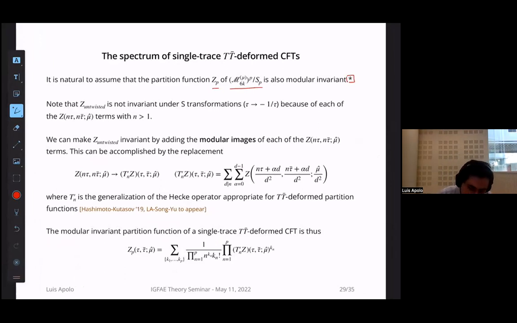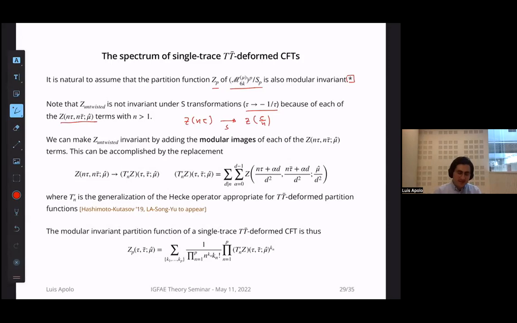And it will transform in the following way, which is clearly not the same.